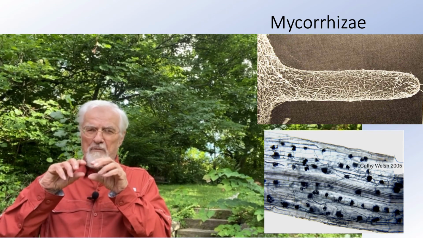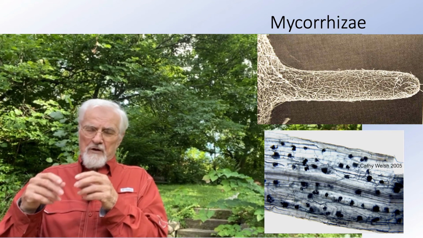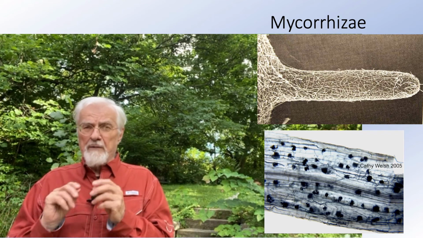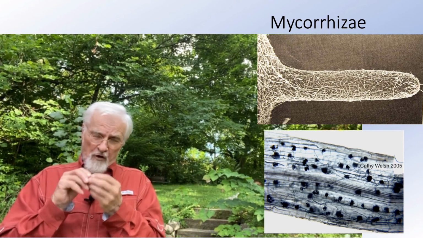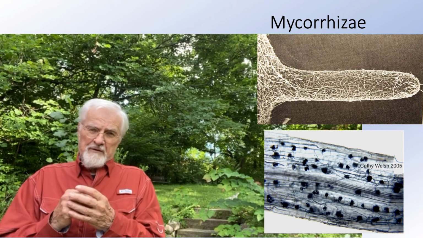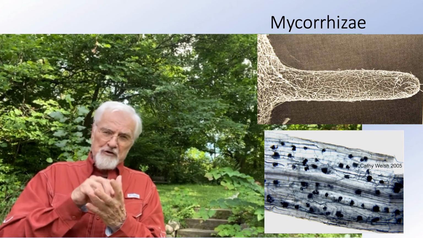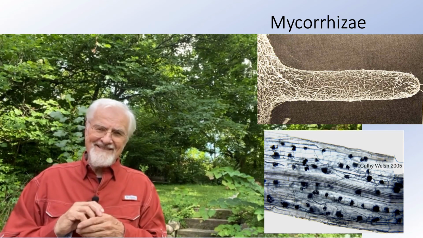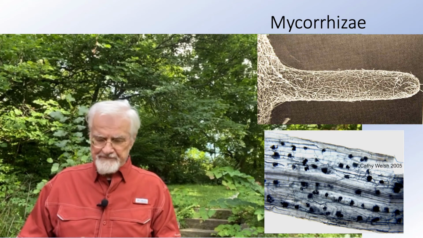There's a mycelial mat that covers the root hair itself, as you see in the picture, whereas the vesicular arbuscular mycorrhizae are inside of the cell. They have these organs called vesicles, but they look like little trees. Maybe you can see that in this slide right here, but that's why they're called vesicular arbuscular mycorrhizae.